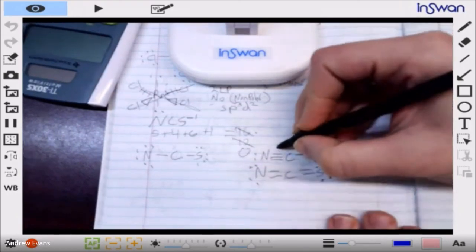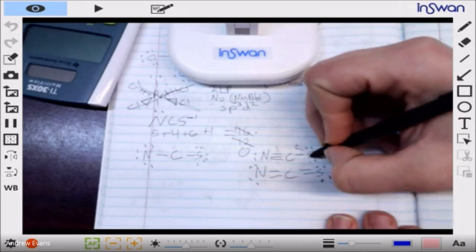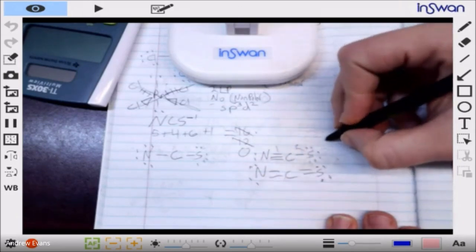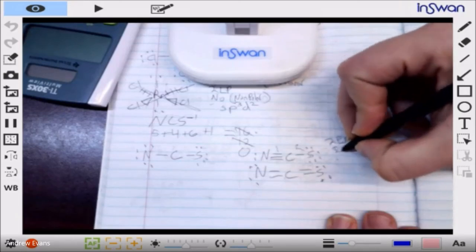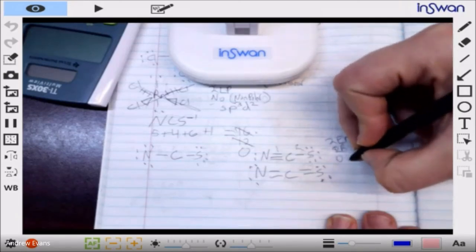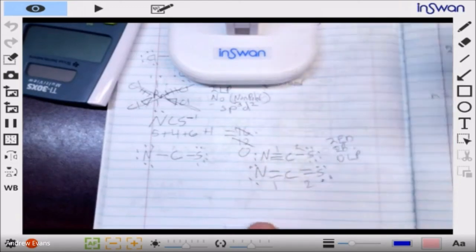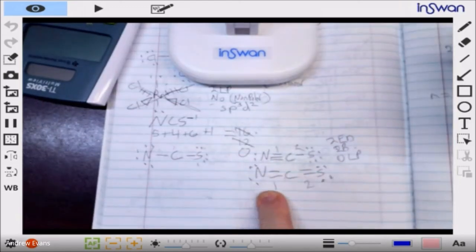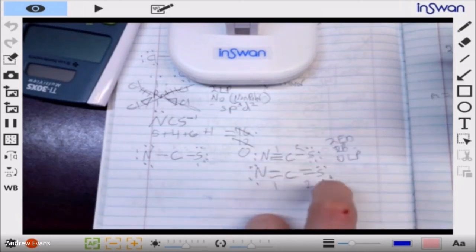In this structure, we have 2 things coming off the carbon. 2 things is 2 electron domains, 2 bonds, 0 lone pairs. How about this guy? 2 things coming off the carbon. 2 electron domains, 2 bonds, 0 lone pairs.